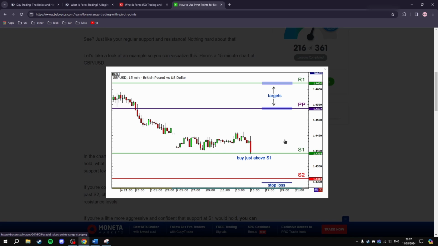Purchase just above support 1, and hopefully the price bounces back up again. Our target is to get it within this zone. Put the stop loss below support 2, just in case the price keeps plunging down further.